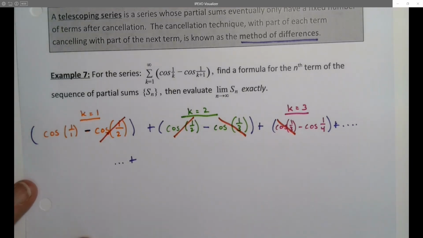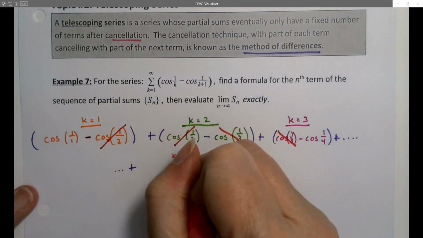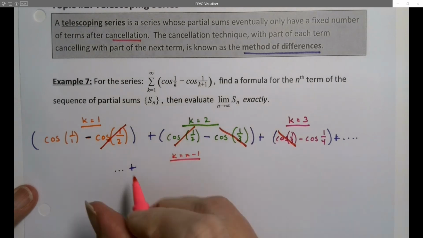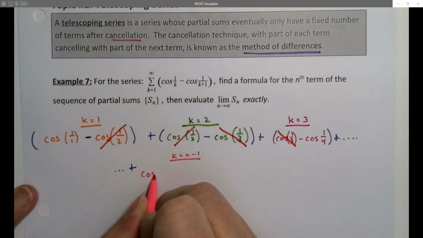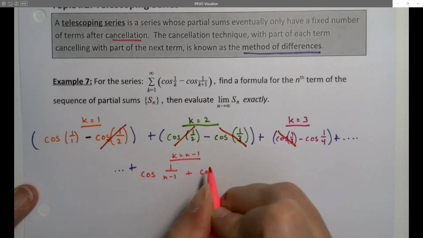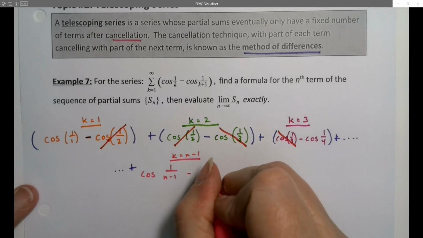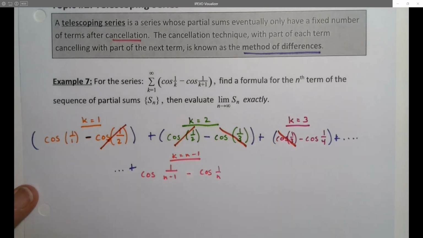So let's see what it says after cancellation. If I did k equals n minus 1 right here, it would be cosine of 1 over n minus 1 plus the cosine, minus the cosine of 1 over n. And then let me do k equals n right here.